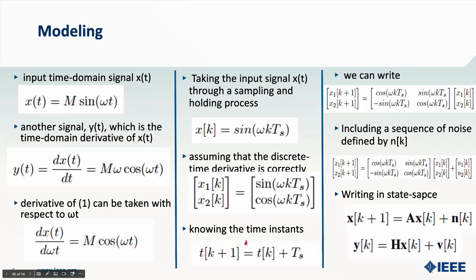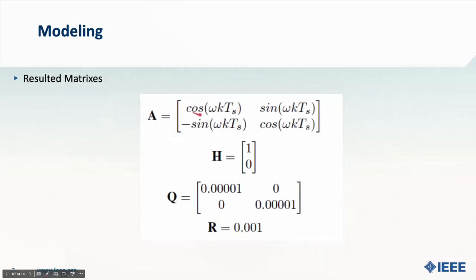So knowing the time instance that we need, to later apply the matrices in the Kalman filter algorithm, we can write these matrices here, and also later including the noise defined by n of k, we can finally have this equation. And now we can write all these equations in state space, and then we actually have the resulting matrices to be used in the Kalman filter algorithm.